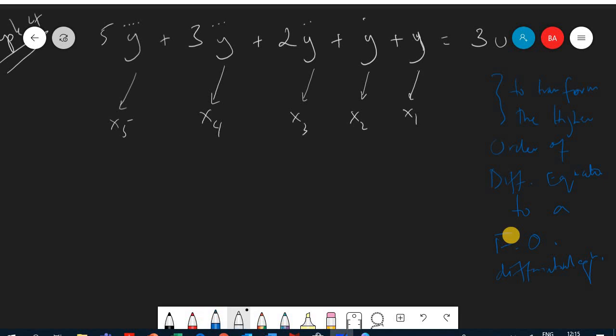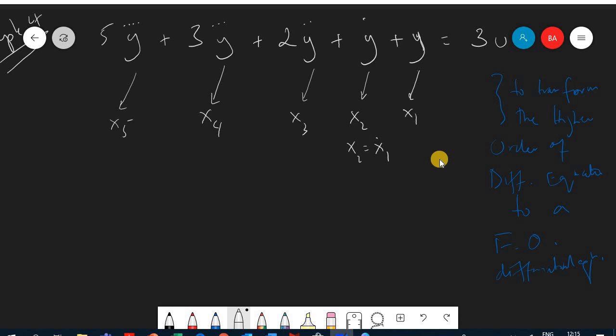So what do we have here? After I said that this is x1, x2, x3, x4, and x5, what do I have? I will keep x1 as normal. Actually, x2 is equal to x1 dot, right? Because x2 is the differential of that one, y dot.